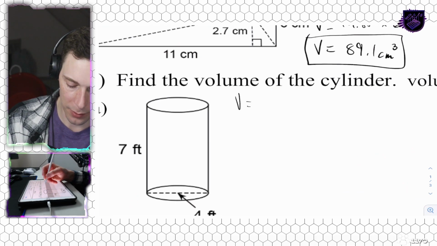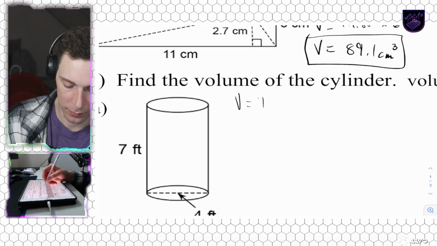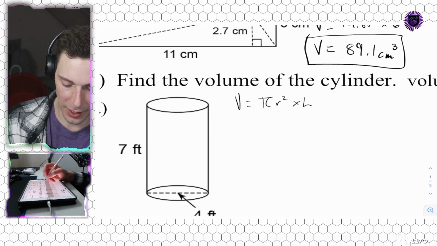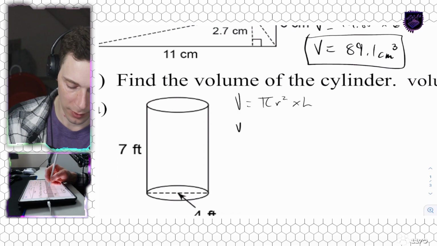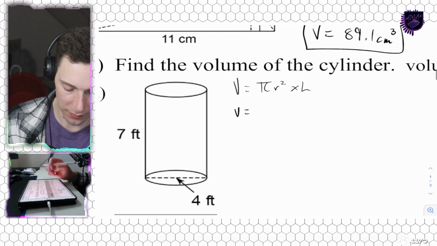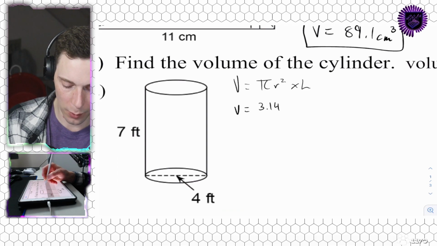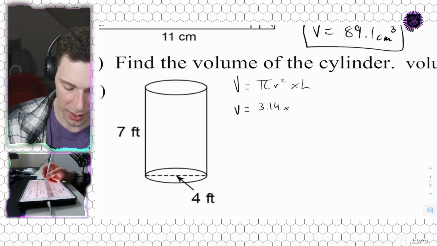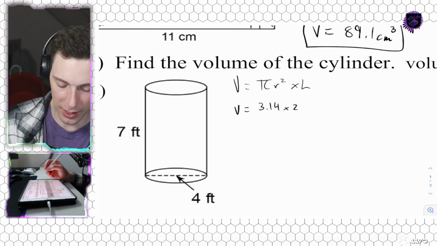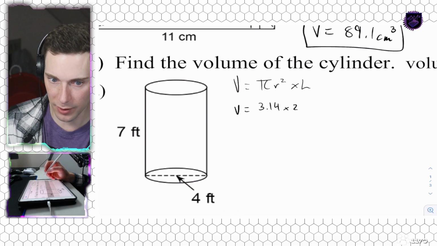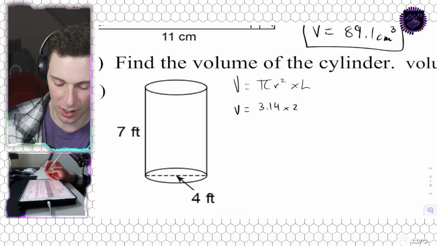Volume will be equal to pi times r squared multiplied by height. If you look at our shape, 3.14 multiplied by 2, right? Because radius is not the diameter, it's half of the diameter.